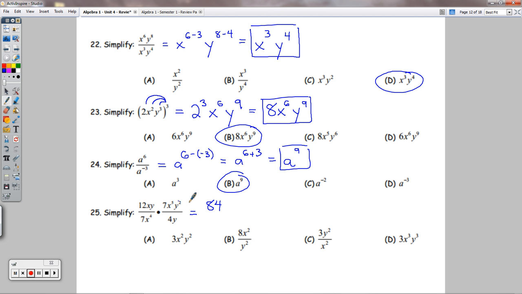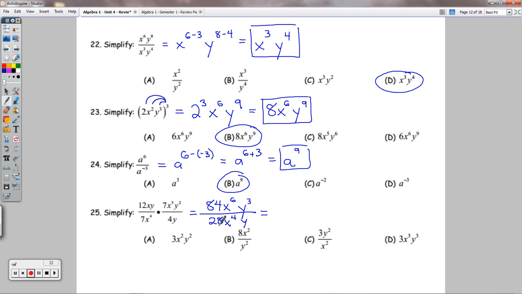X times x to the 5th would be x to the 6th. Add the powers there. Y times y squared. That's like y to the 1st times y to the 2nd. Add the powers, y to the 3rd. On the bottom, 7 times 4 is 28. X to the 4th, and then just a y.